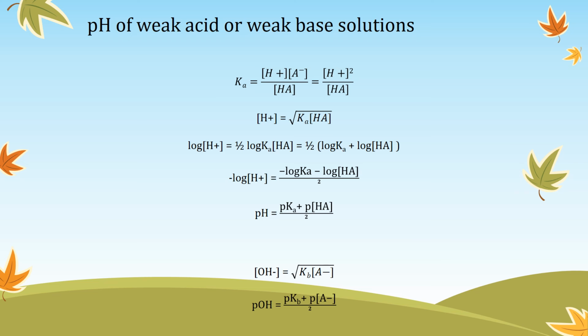When a weak acid is added to water, it won't ionize completely in the initial stage. So how can you calculate the pH of a weak acid before its ionization? As in the earlier equation, the ionization constant is equal to the concentration of hydrogen ion times the conjugate base divided by the concentration of the weak acid.